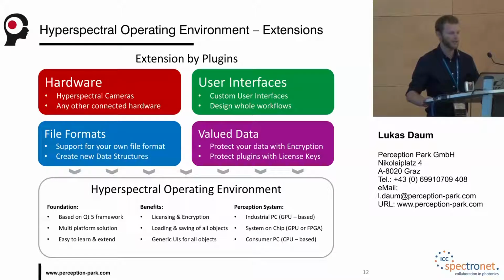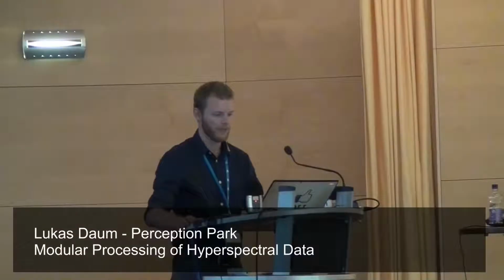Then you can also add new file importers or exporters, so you can still use your favorite software and just share the data between our software and the other software. And then we have also valued data. That means you can have plugins that contain content like calibration information and reference data for your processing. And it's very important to mention that all of these plugins are guarded by a license key by default, so you don't need to worry about licensing on your own.